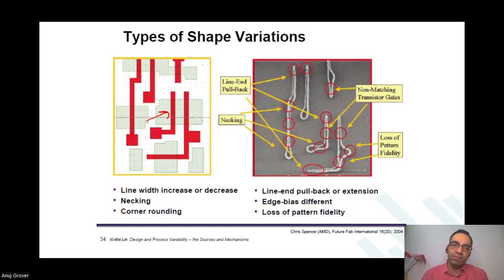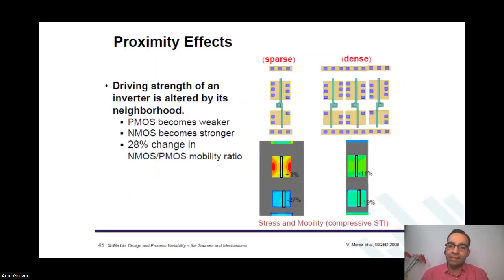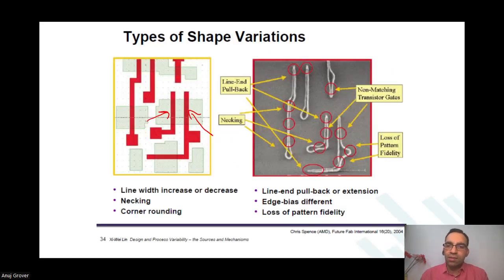They share the same active area, but look at the right side. The image on the right side shows that they finally have different lengths. Are you able to see this? The length here and the length here is different.